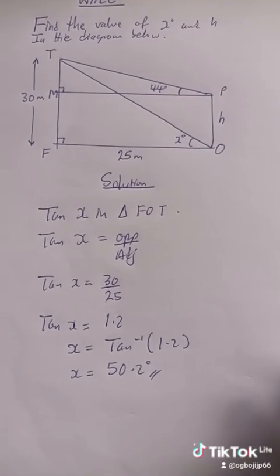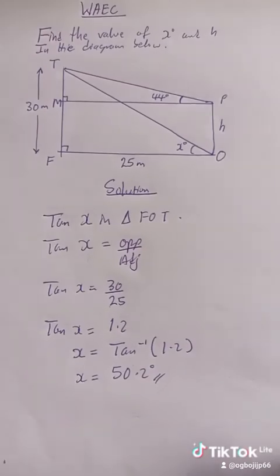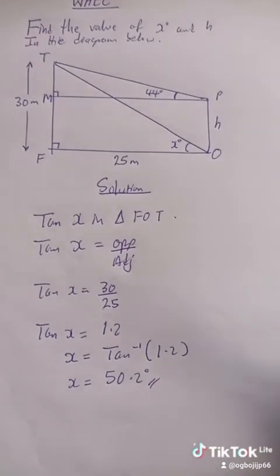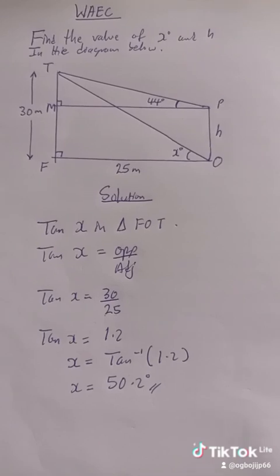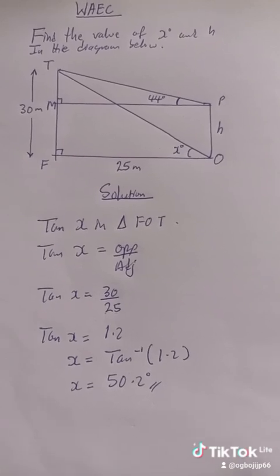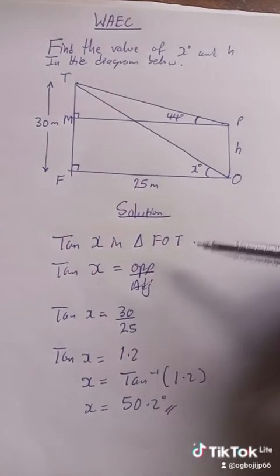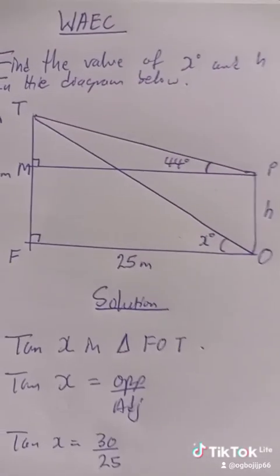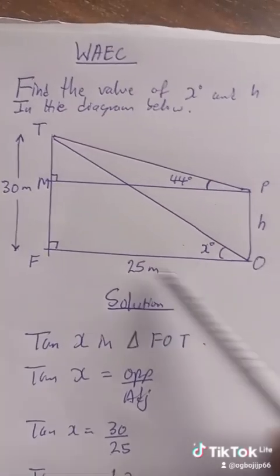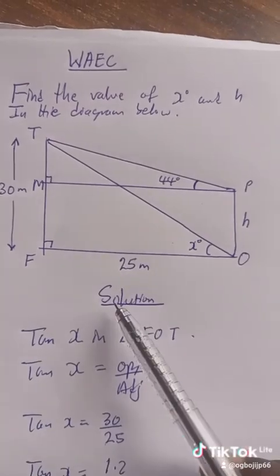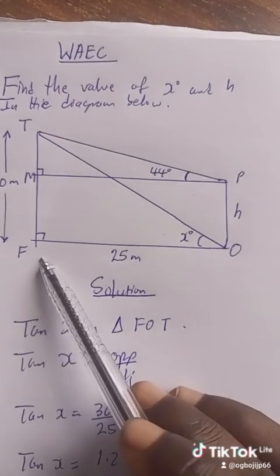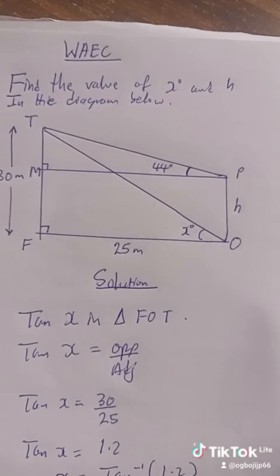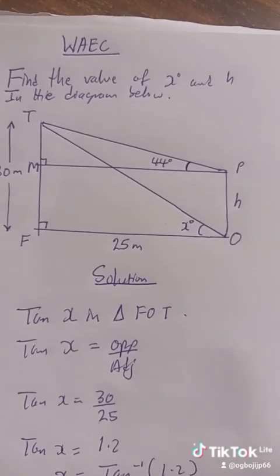The second part is that we are expected to find also the value of h, which is in meters. h is the height at this side. If you observe carefully from this diagram, we have a quadrilateral here, which is quadrilateral FOPM, and by observation, it's a rectangle.